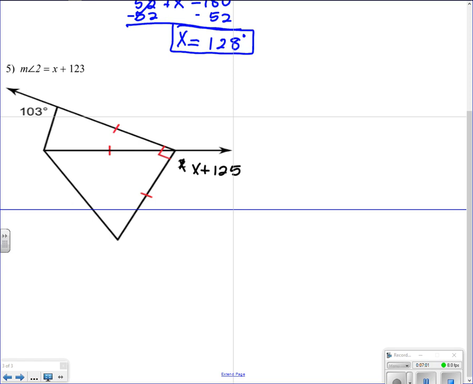Now, right here you have this whole thing is 180. So 103 plus what will give you 180? That'll be 77. 103 plus 77 is 180.